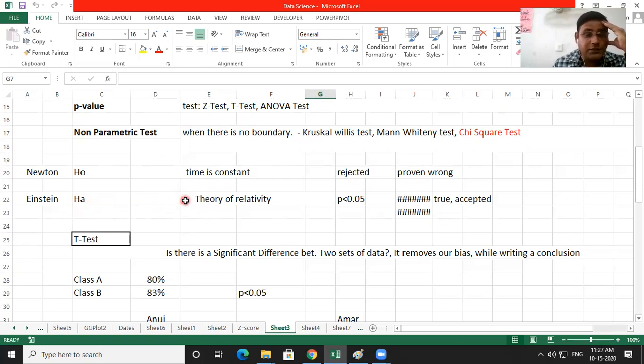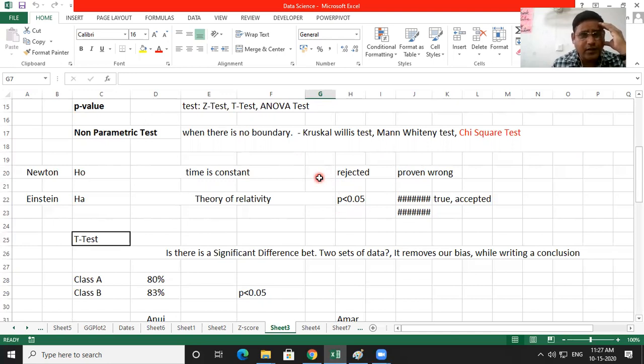Einstein proved it. When Einstein proved it, the p-value was less than 0.05, meaning less than 5%. So our null hypothesis will be rejected.